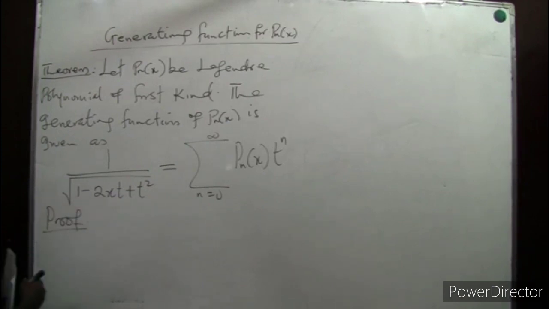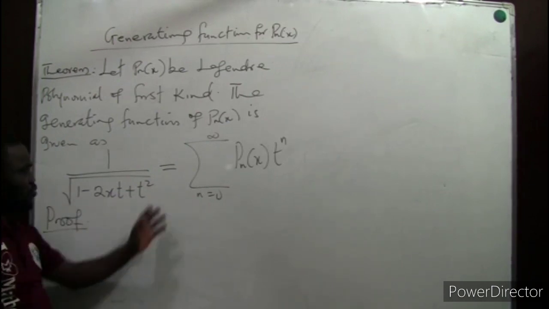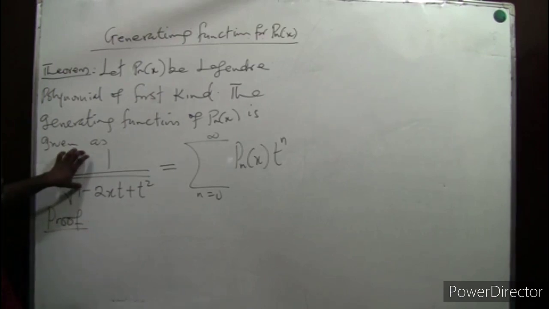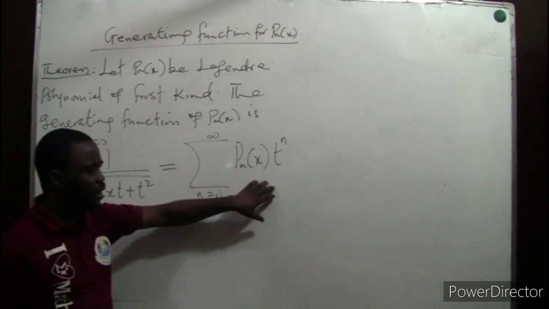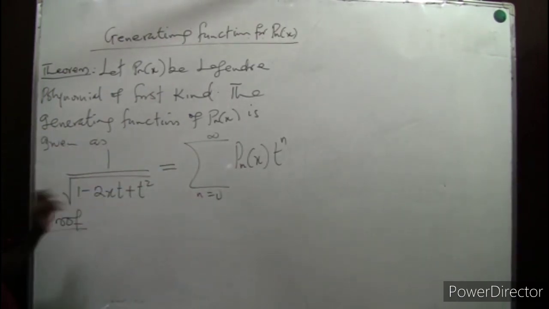So we start with the left hand side until we arrive at the right hand side. The proof is in two forms. Number one, we are going to look at a particular condition that will guarantee the second one.